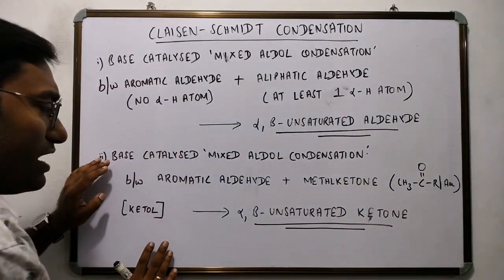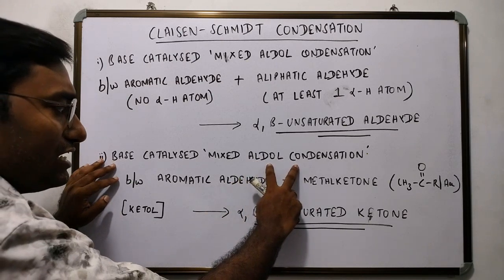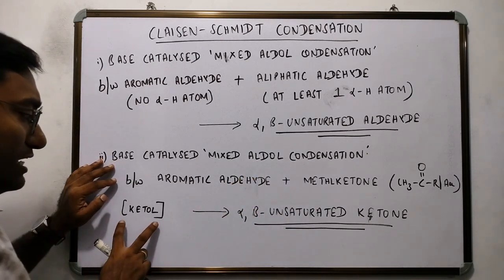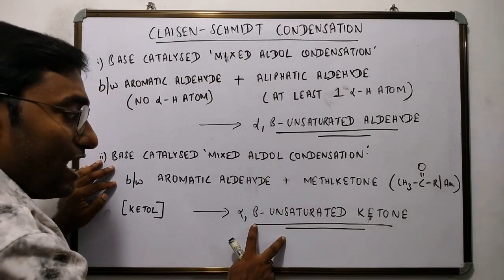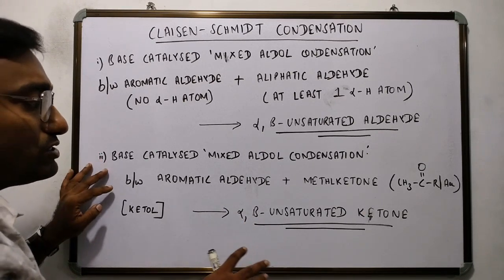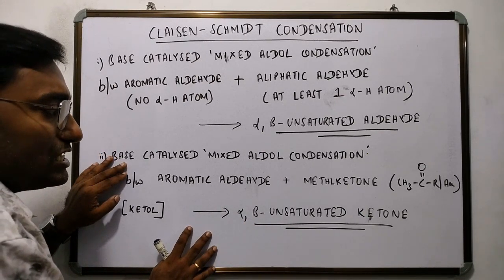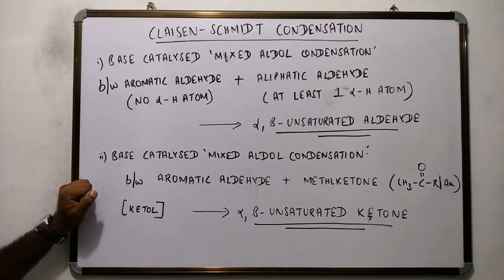The reason as to why this is referred to as the aldol condensation here, even though the intermediate formed is a ketone and the product formed is an alpha beta unsaturated ketone, is simply because the mechanism of this reaction is same as that of aldol condensation.